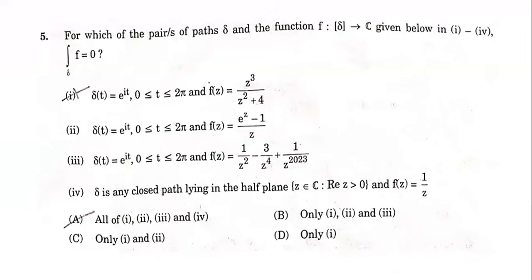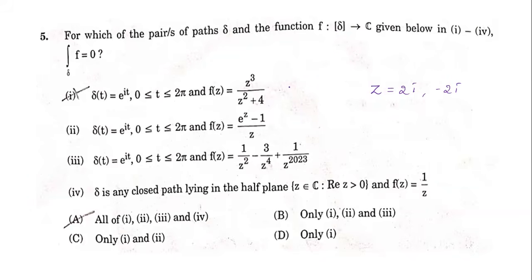See, they are given closed contour. If we find poles of this, we get values z is equal to 2i, minus 2i, outside for this interval.